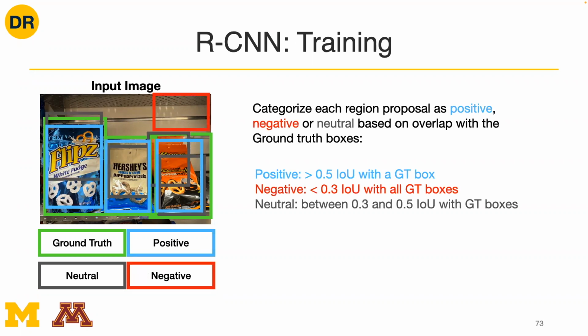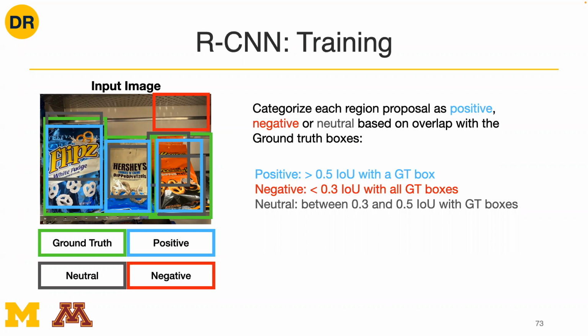So you're categorizing them into positive, negative, and neutral based on the labels. But you can also use how they're overlapping with the ground truth boxes to ignore them. For instance, you can say that it is positive only if it has IOU more than 0.5 with respect to the ground truth bounding box.